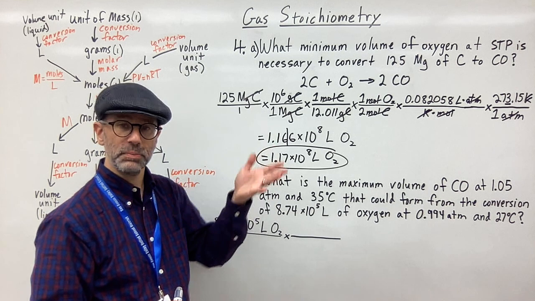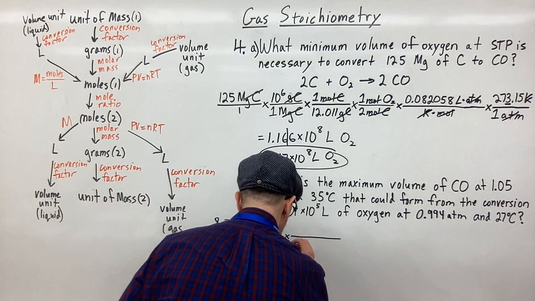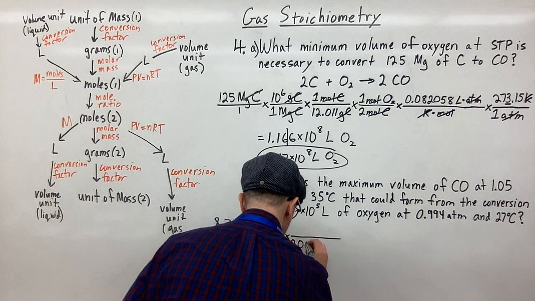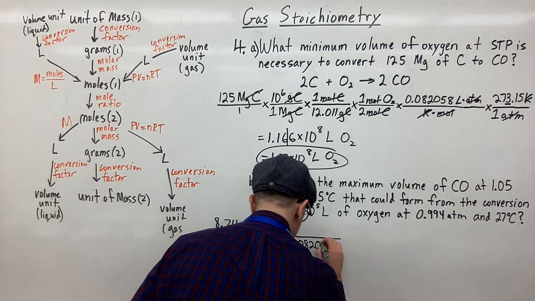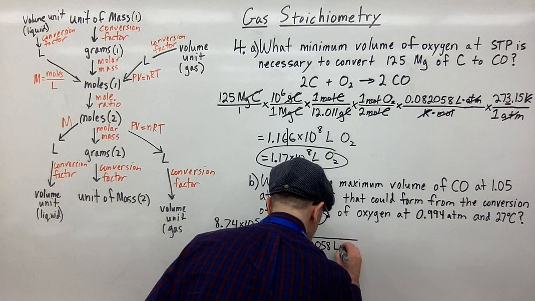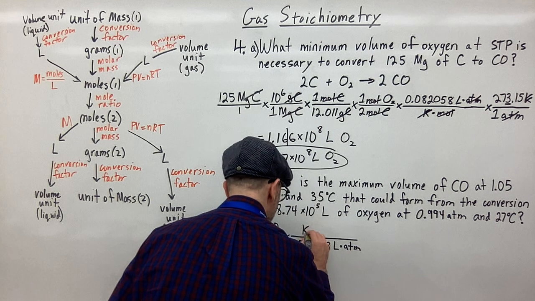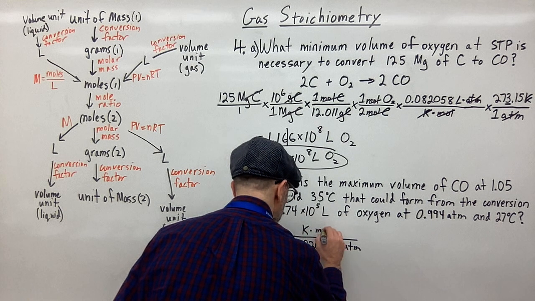So we're going to have to flip that to get liters on the bottom. So the 0.082058 is going to be on the bottom with the liter atmospheres. And then on the top, we're going to have Kelvin mole.